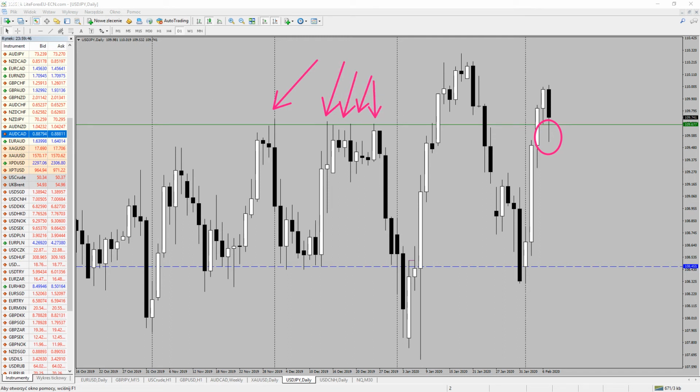So as you can see, we got that close above these levels as well as above Thursday low. So it might be that the bulls didn't say the last word yet.